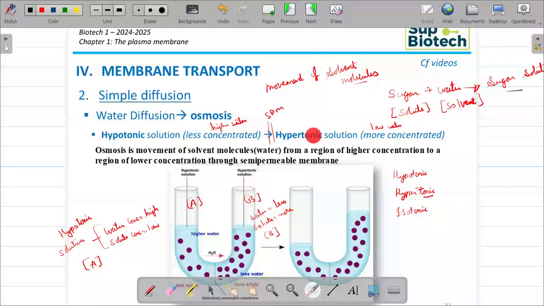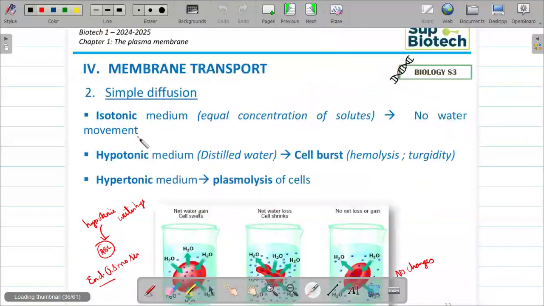Hypertonic is where we have more concentration of the solute and low concentration of water. Water molecules move from hypotonic to hypertonic, that is, from a higher concentration of water to a region of lower concentration of water, where tonicity stands not for the solvent, but for the solute.